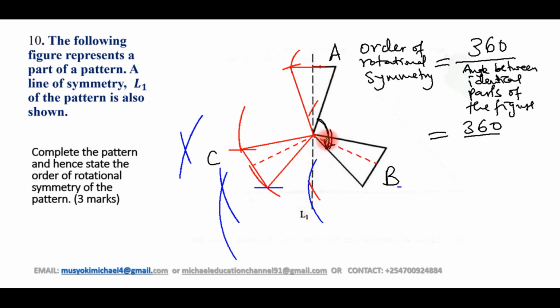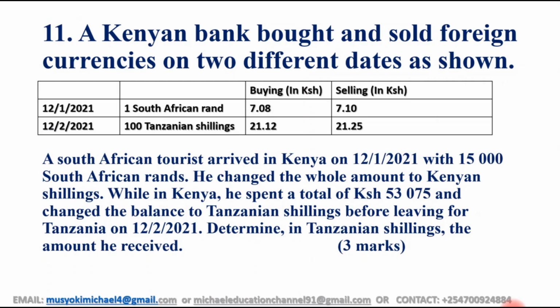And if it fits 3 times, then the angle between two identical parts is 120. Therefore, the order of rotational symmetry is 3. It will fit 3 times in one complete rotation.